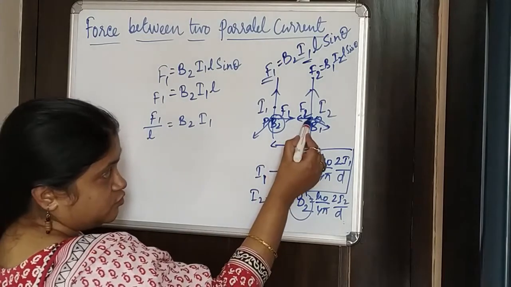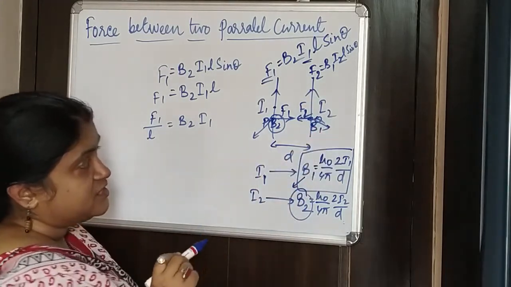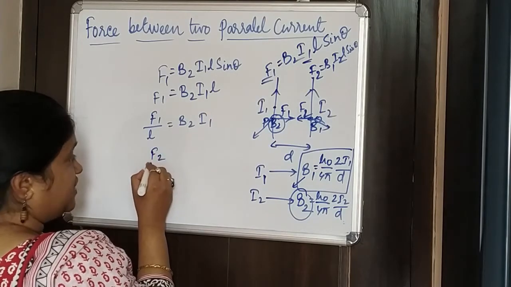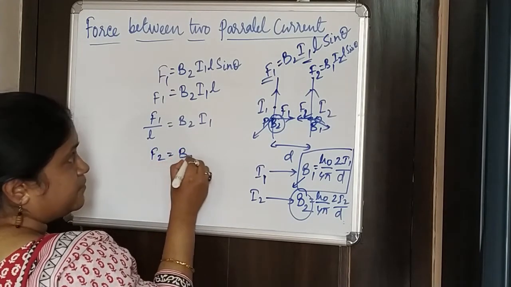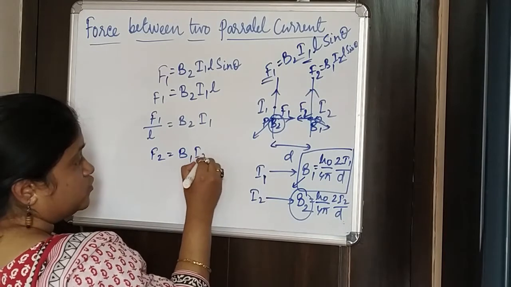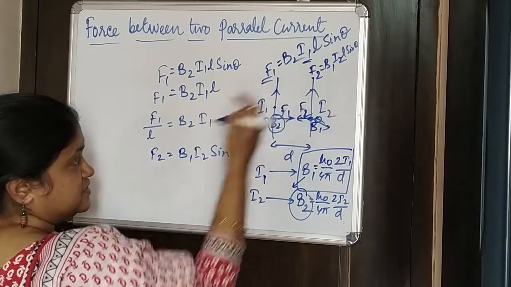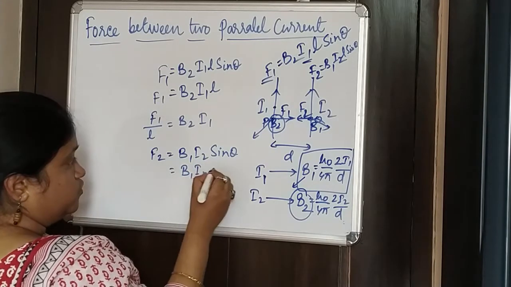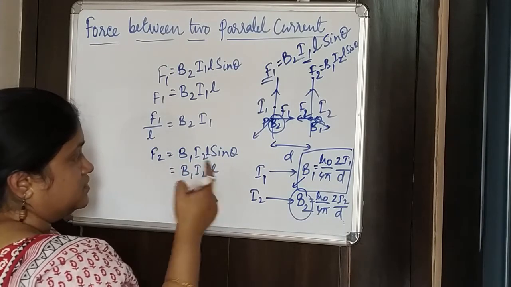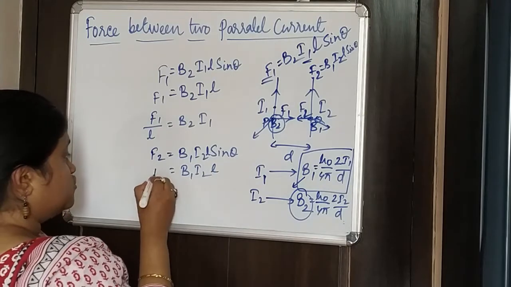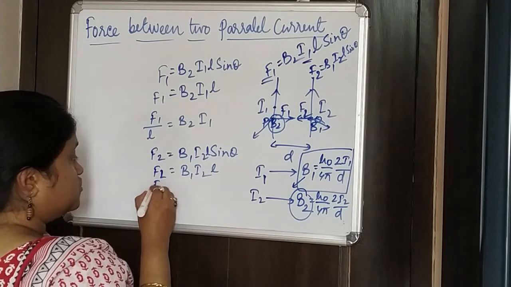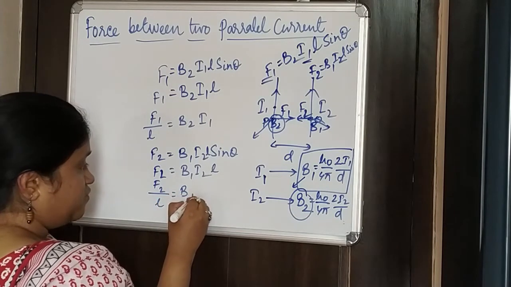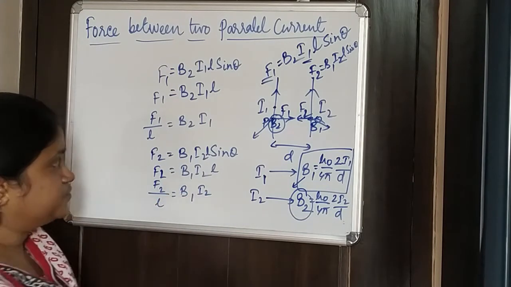In the same way, I2 and B1 make an angle of 90 degrees. Therefore F2 is B1 I2 L sine theta. Since it is 90 degrees, sine 90 is 1, so F2 by L will be B1 I2.